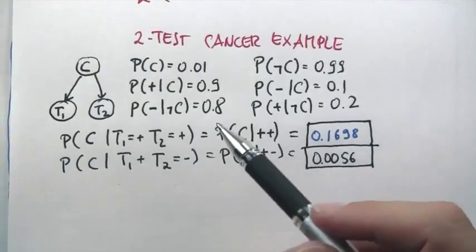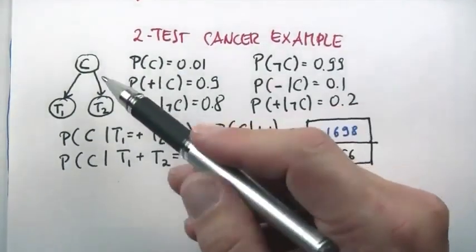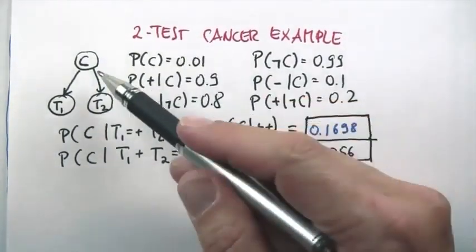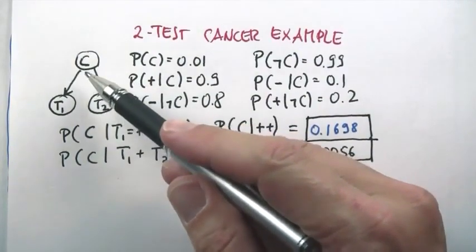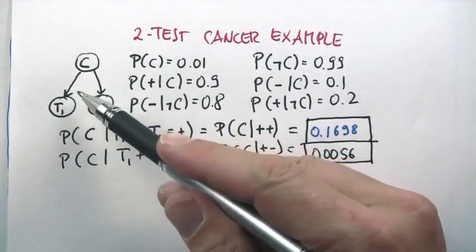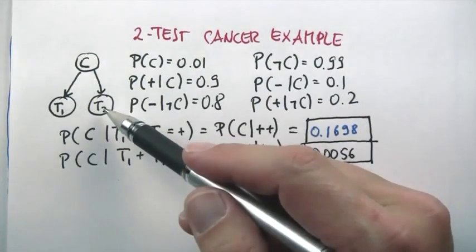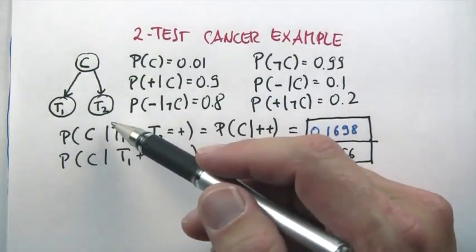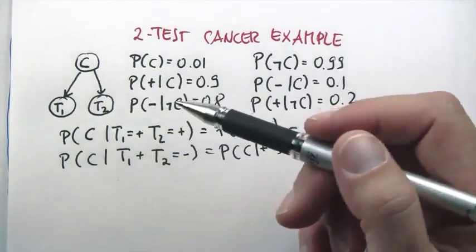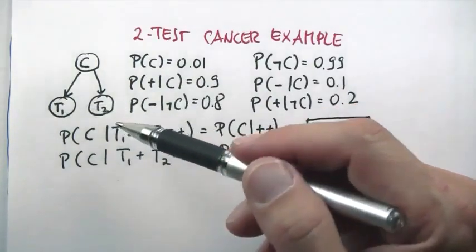I want to use a few words of terminology. This again is a Bayes network by which the hidden variable C causes the still stochastic test outcomes T1 and T2. And what's really important is that we assumed not just that T1 and T2 are identically distributed.